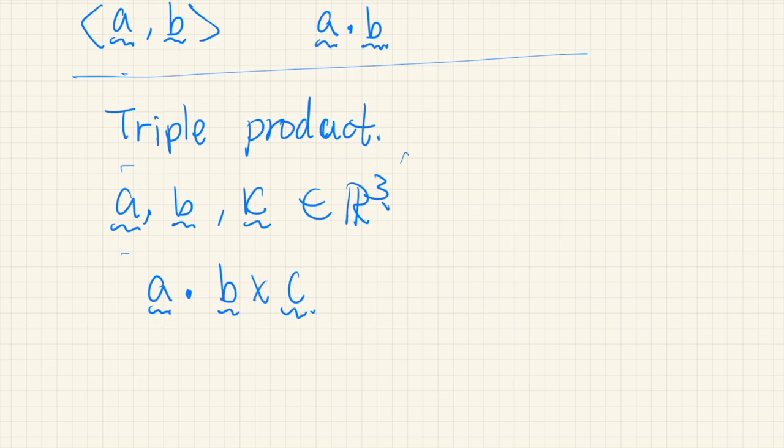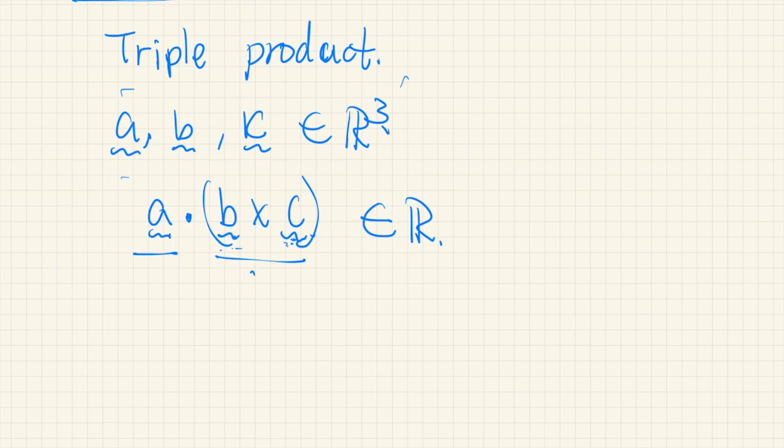Make sure that you understand the strength of connection between operators. First we calculate this vector product. Then between this vector and this vector, we calculate the scalar product. So the result is a real number.